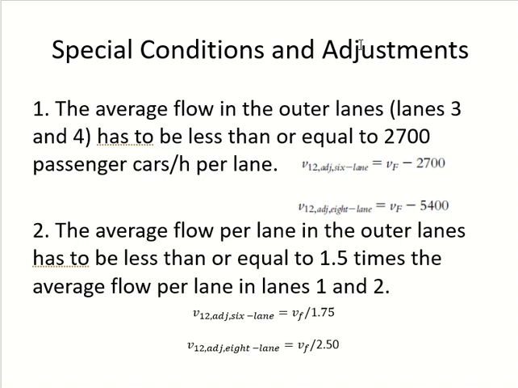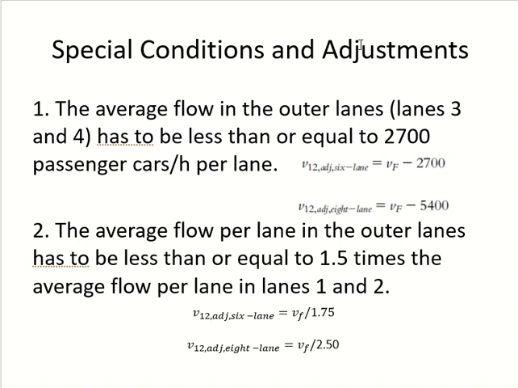Clear? Let's say the total was 6000. The first two lanes have 3000.